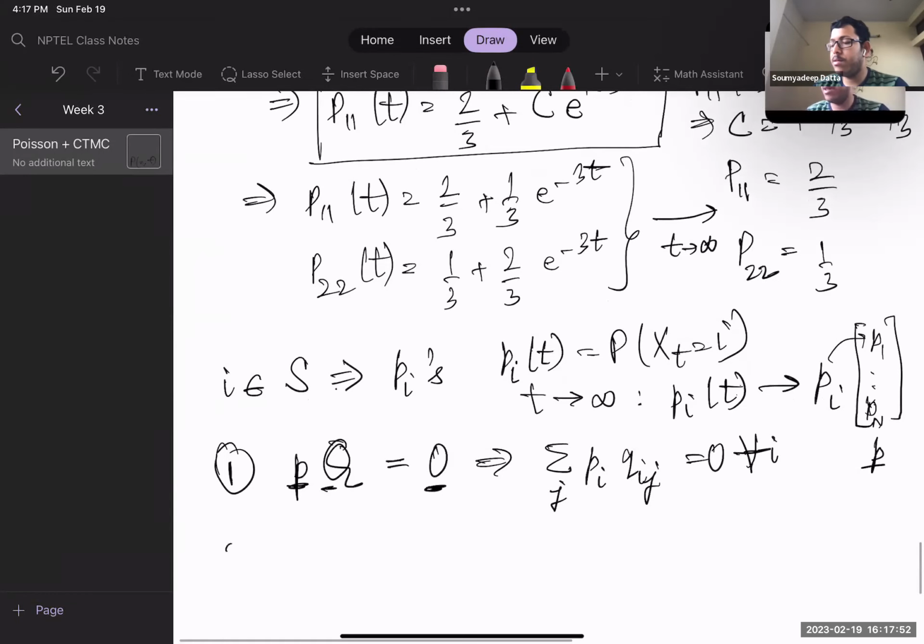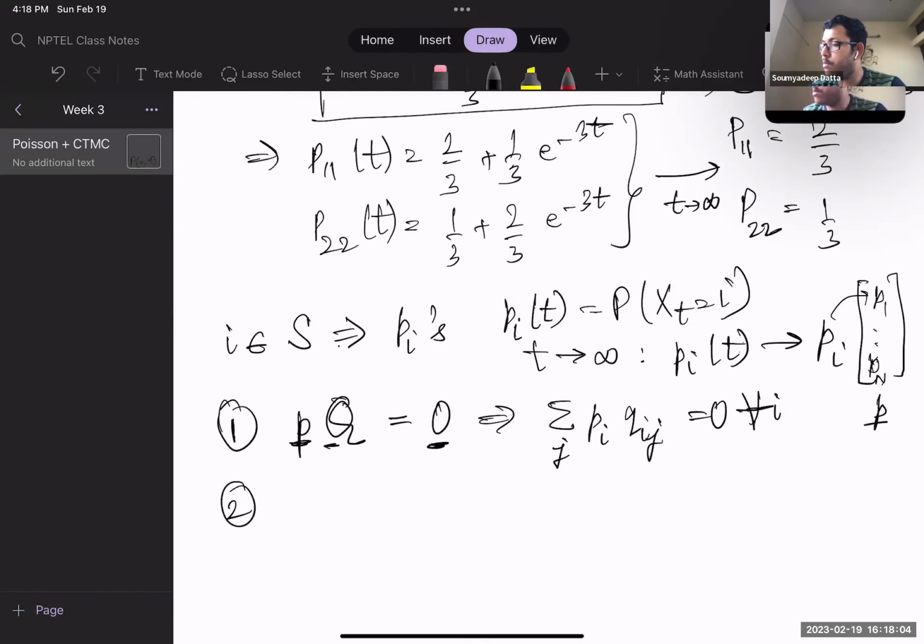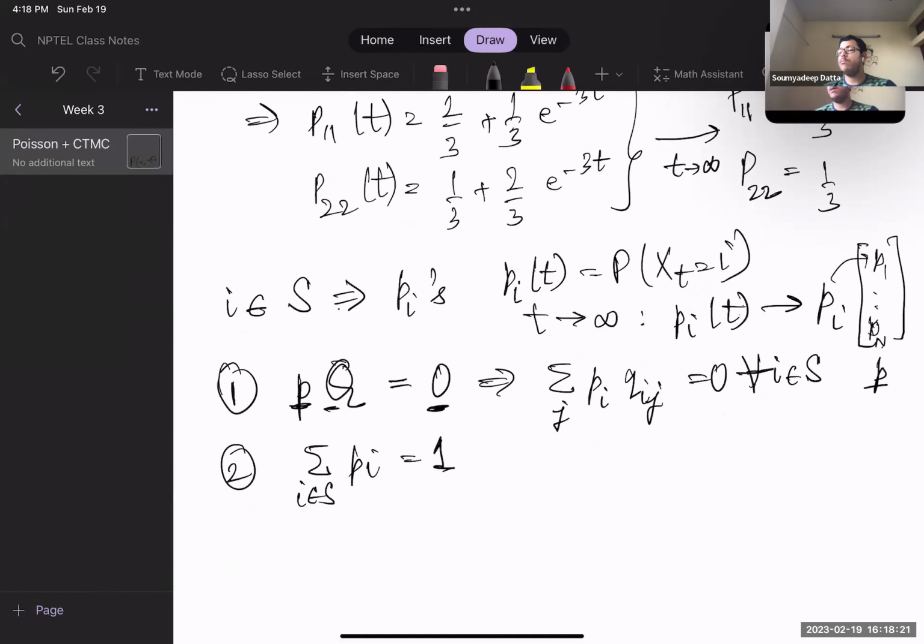The second condition is that, for all i belonging to the support set, if I take the sum over all the pi_i, we need to get 1. At steady state, as t approaches infinity, the probabilities of existence of each of these states have to sum up to 1.